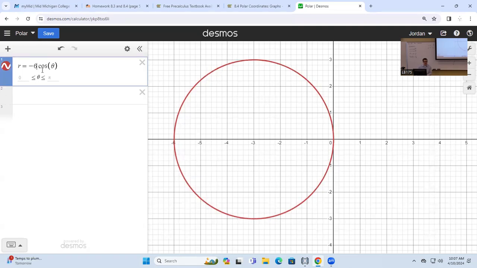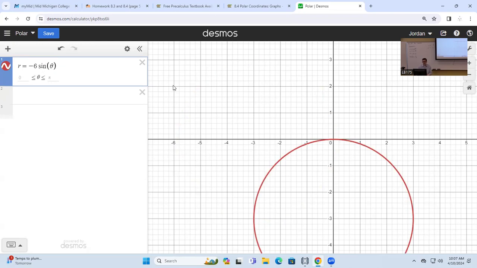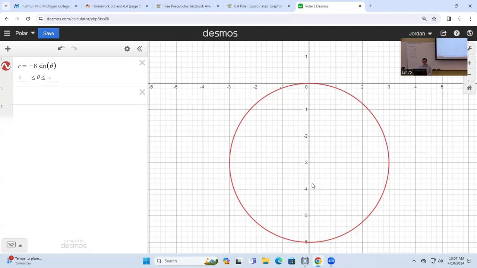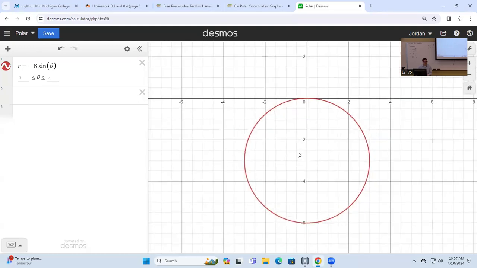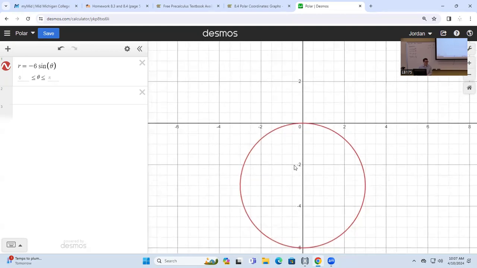If I change that cosine to a sine, well, then we're talking about going along the y-axis rather than going along the x-axis. So you get one loop, basically. All right?